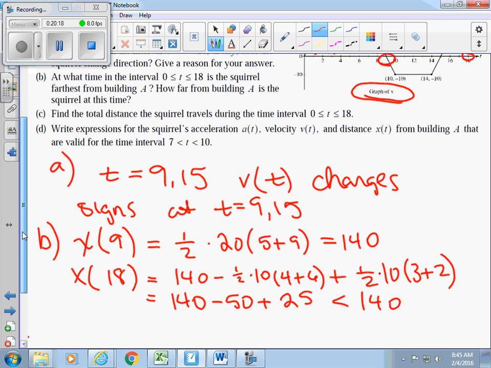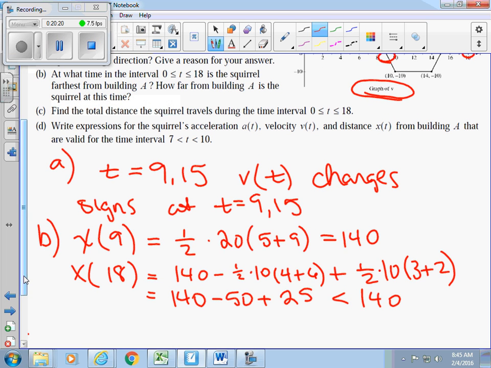So, what was the question? At what time is the squirrel farthest from building A?